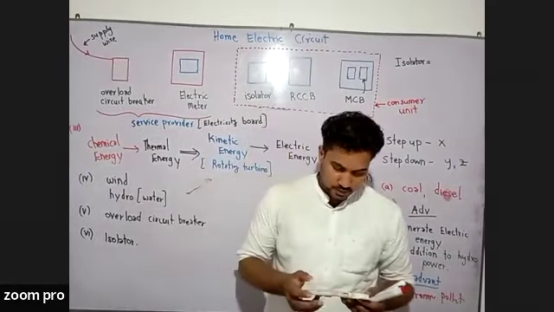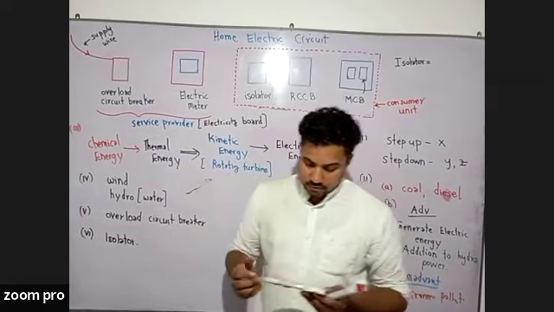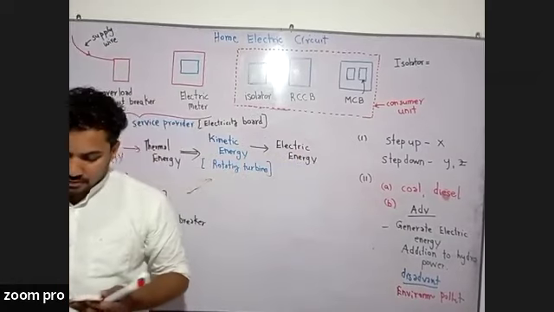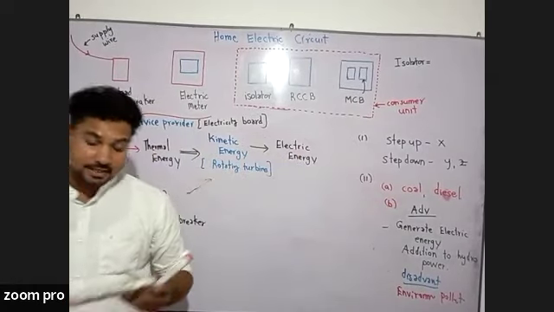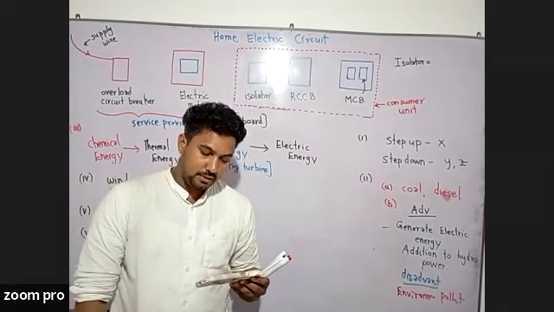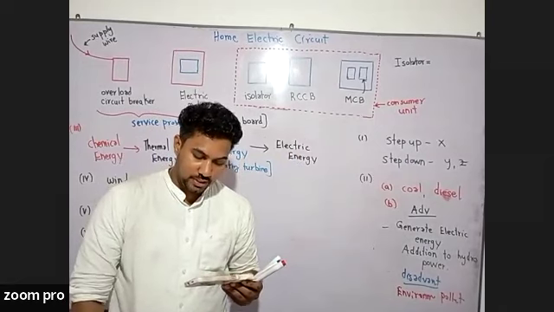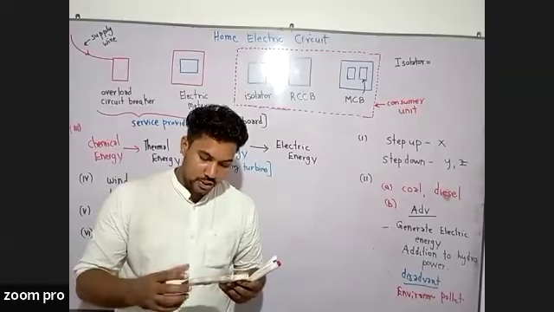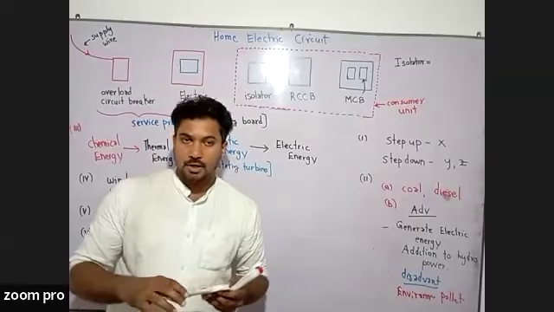In a transformer, if the number of turns in the primary coil is Np and the number of turns in the secondary coil is Ns, and the voltage of the primary coil is Vp and the voltage of the secondary coil is Vs, construct an equation to show the relationship between the above quantities.